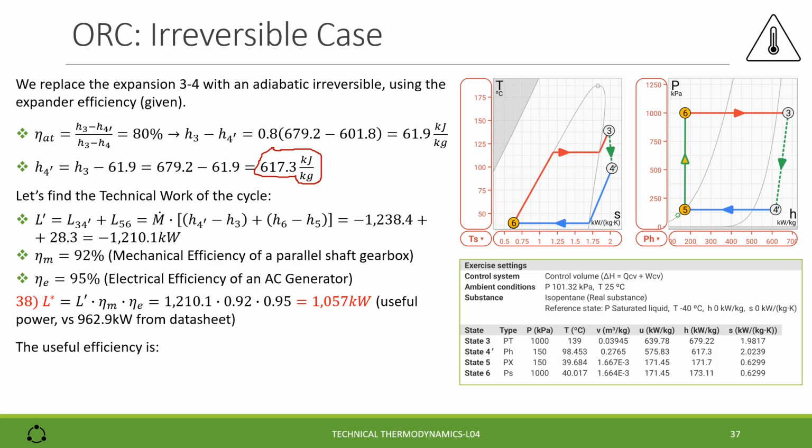The useful efficiency is the ratio between negative useful power and the given heat. We find 10.4%, which is closer to the datasheet value with respect to the previous model.